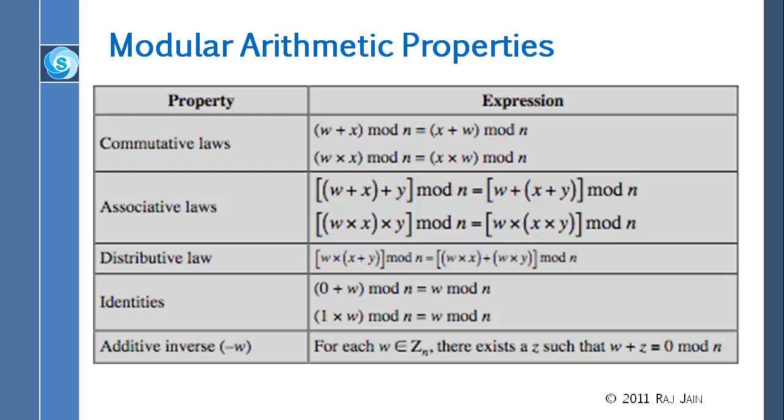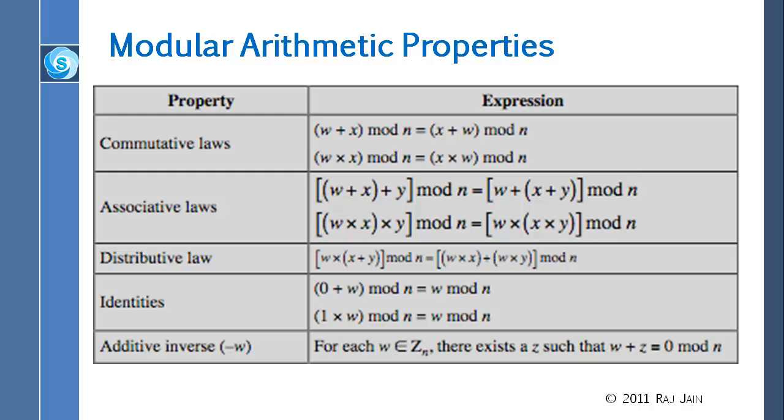Similarly for multiplication. They are distributive in the sense that multiplication distributes over addition. So w times (x plus y) is w times x plus w times y. Remember, only multiplication distributes over addition, not addition over multiplication.